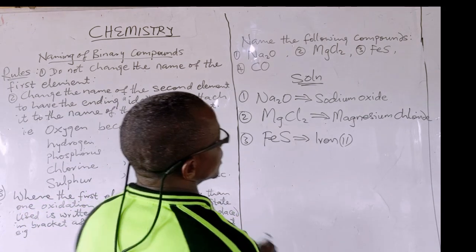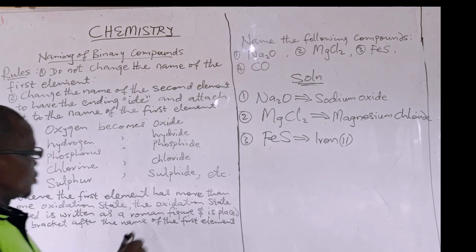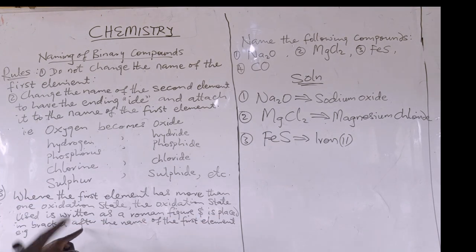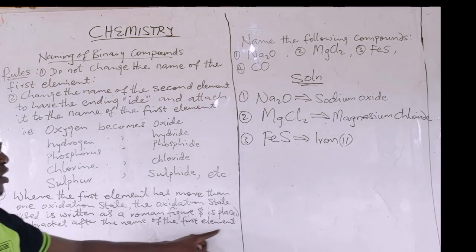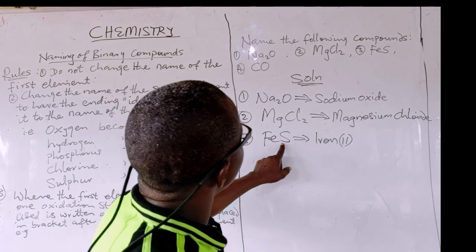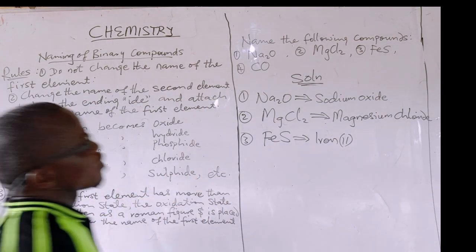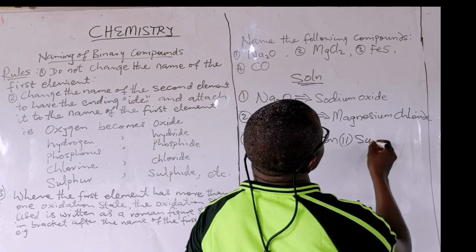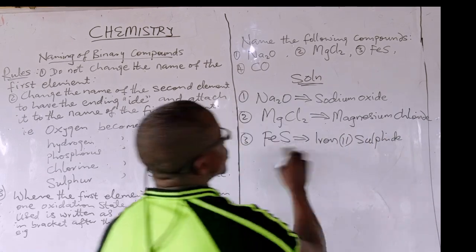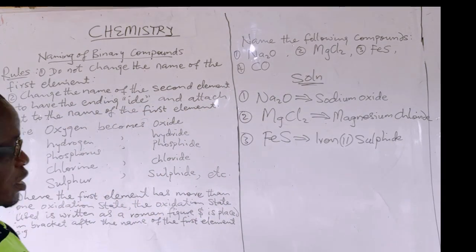Remember, I'm not writing it this way, I'm writing in Roman figure, and it is placed in brackets after the name of the first element. So that's what I am doing there. And then the next one is for me to change sulfur to what? Sulfide. And I have it done. Iron(II) sulfide.